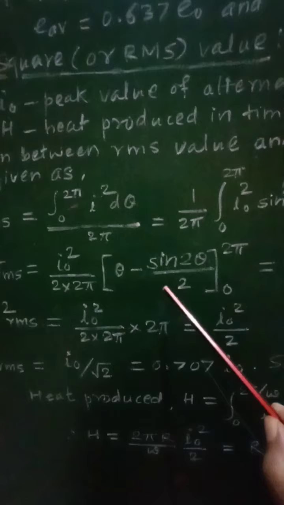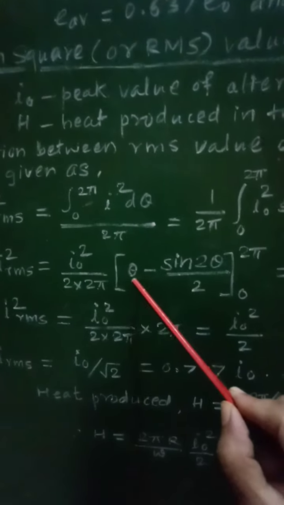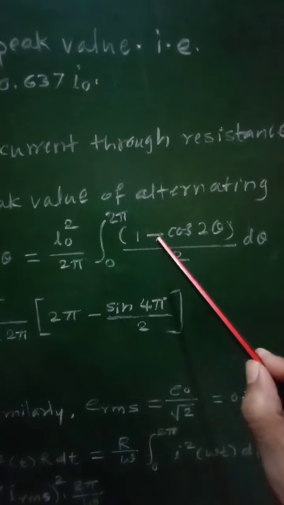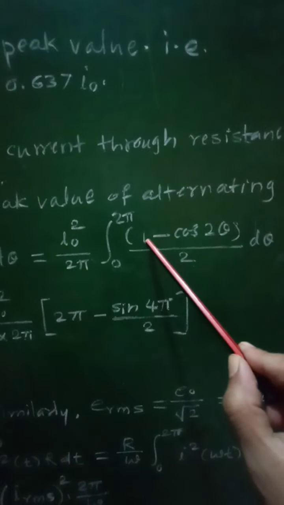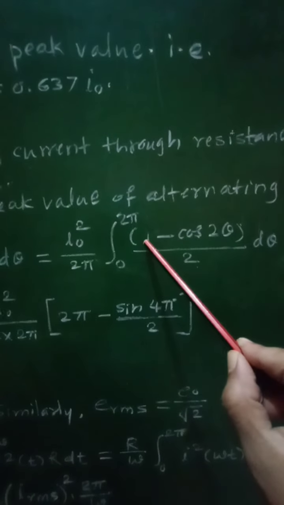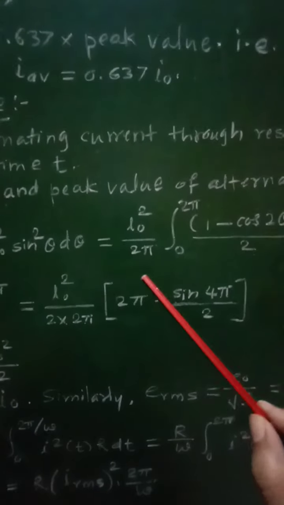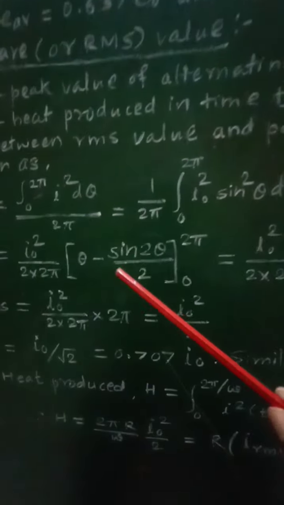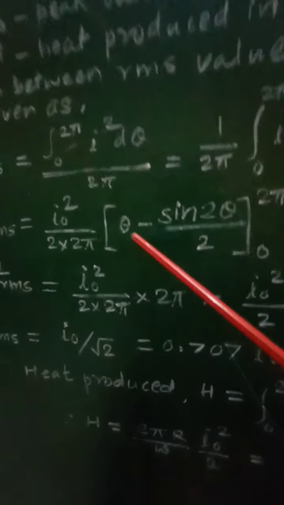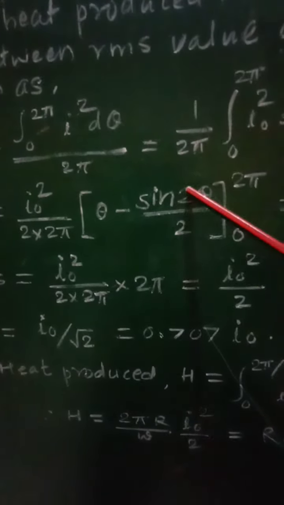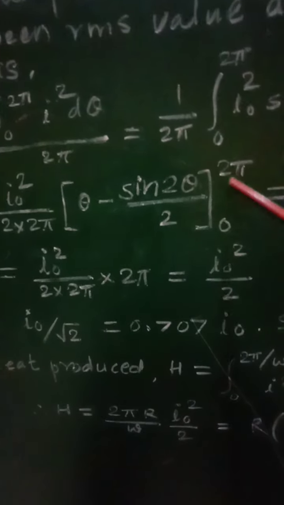So 1 minus cos 2 theta is integrated, so that we will get theta minus sin 2 theta upon 2. Integration of d theta will be equal to theta, and integration of cos will be sin, and therefore we will get I0 square upon 2 into 2 pi into theta minus sin 2 theta upon 2 from 0 to 2 pi.